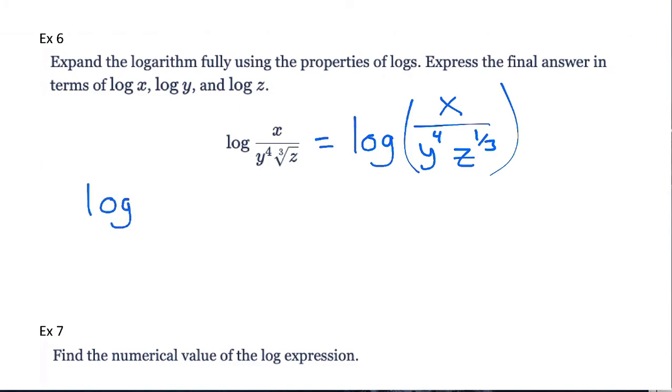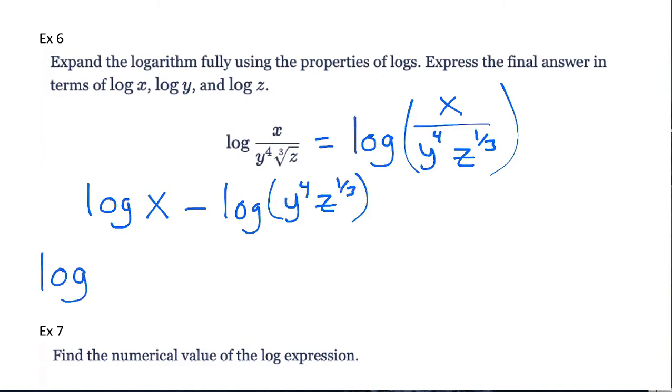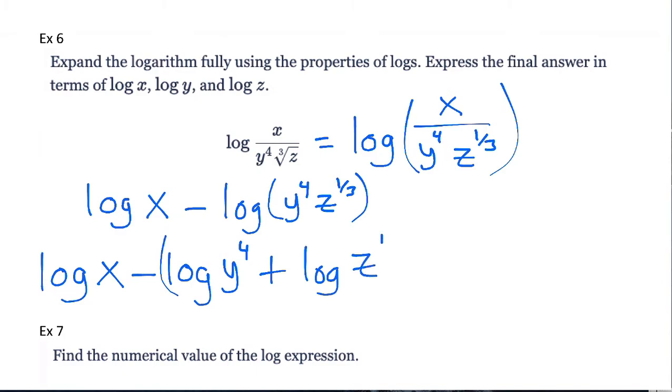We could write this as log x minus log y to the 4th, z to the 1/3. Well, if I wanted to, write this as log x minus log y to the 4th plus log z to the 1/3.